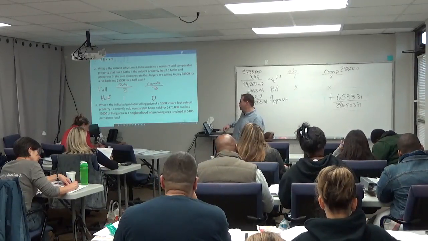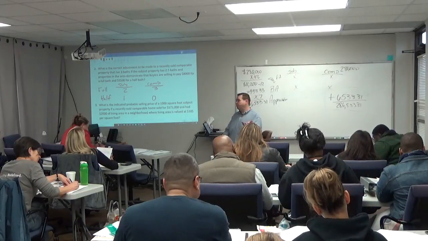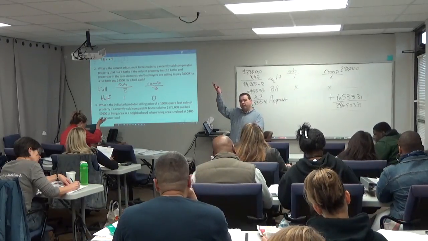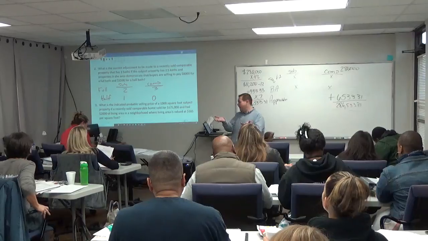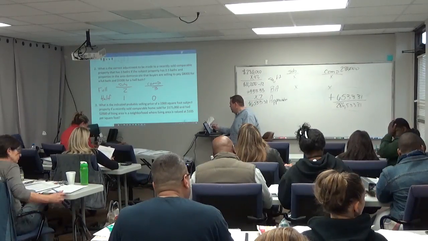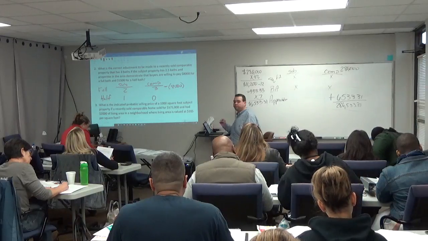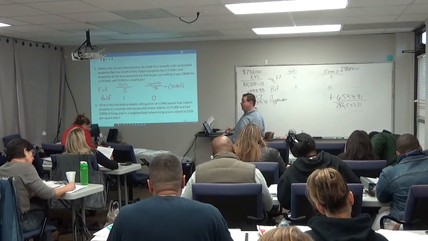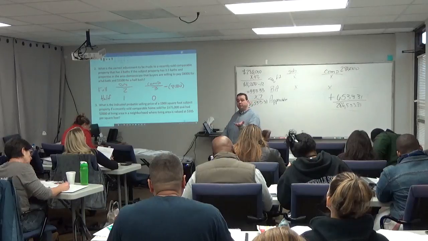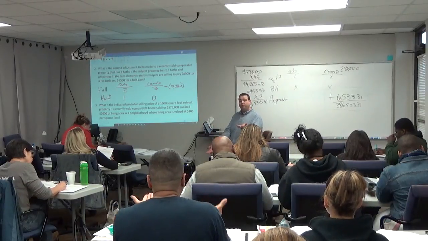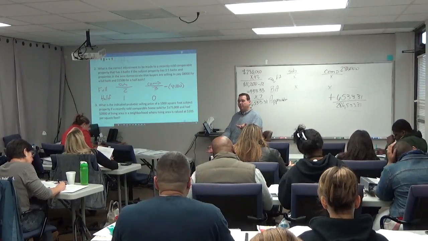So let's start with the full. The subject is 2. The comp is what? 3. So which way do I need to adjust? Down by the value of a full bath, and that's going to be minus $8,000. Everybody okay with that adjustment? And then on the half, the subject is 1. The comp is 0. So which way am I adjusting?